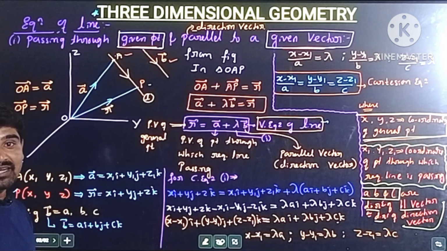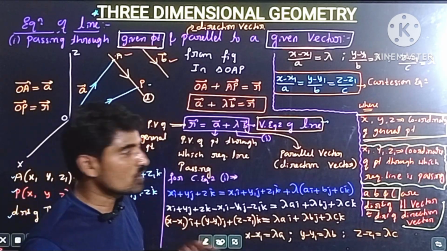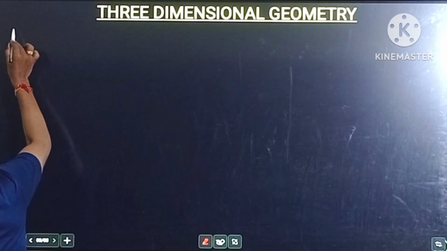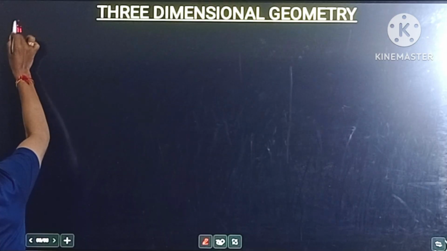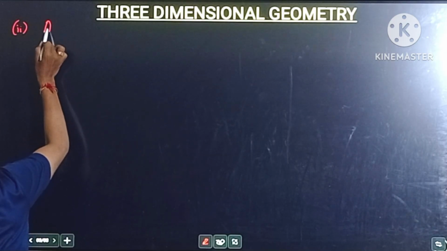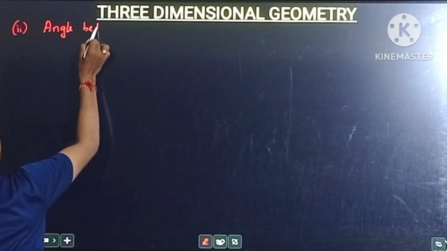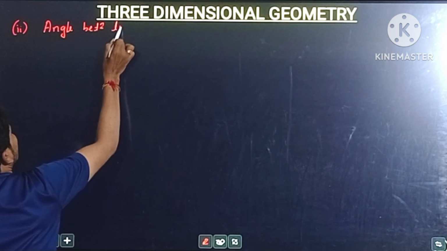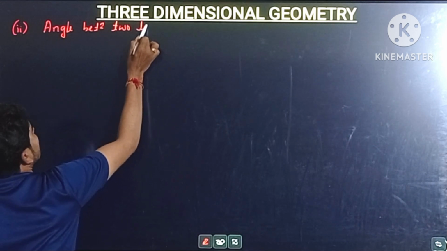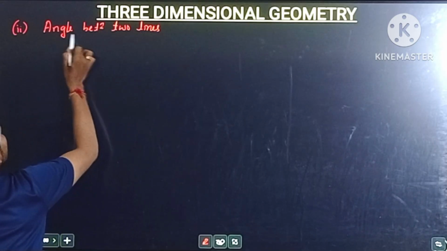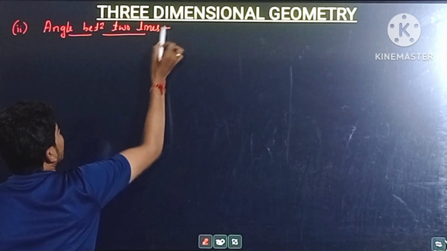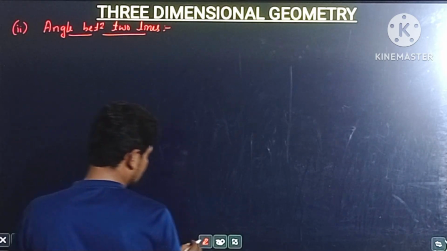So let's start the second topic, that is, angle between two lines. Now the second concept is angle between two lines. See here, we need to identify the angle between two lines.